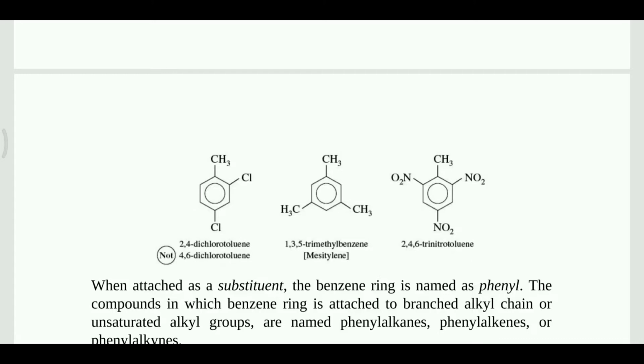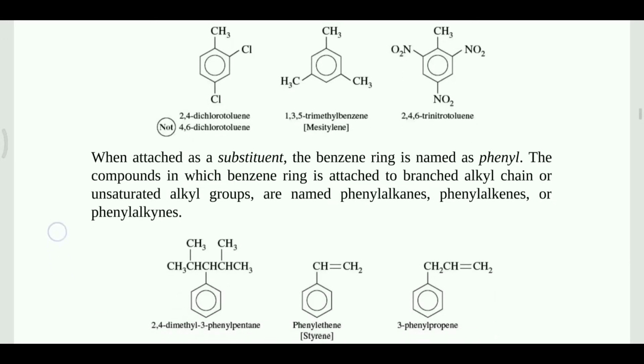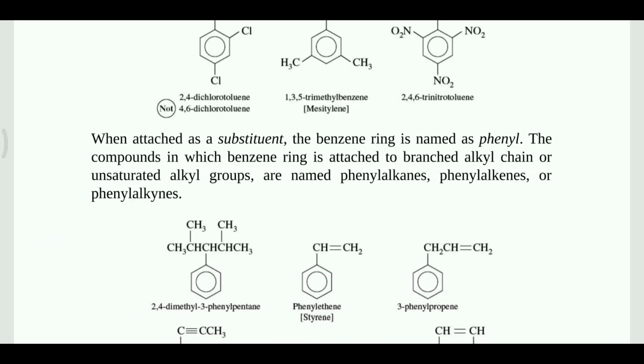Okay, the next one is 1,3,5-trimethyl benzene. In a similar manner, 2,4,6-trinitrotoluene. Another rule is that whenever we attach a branched chain or long chain to the benzene ring system, at that point benzene is called phenyl.